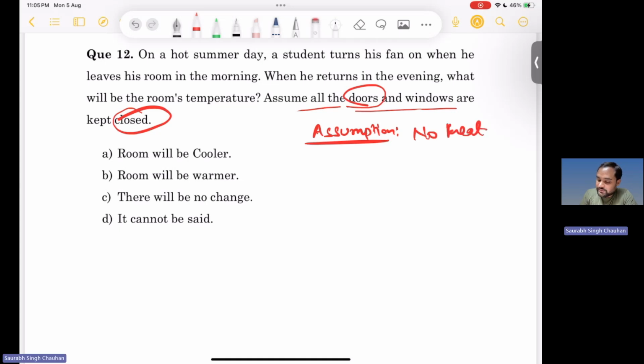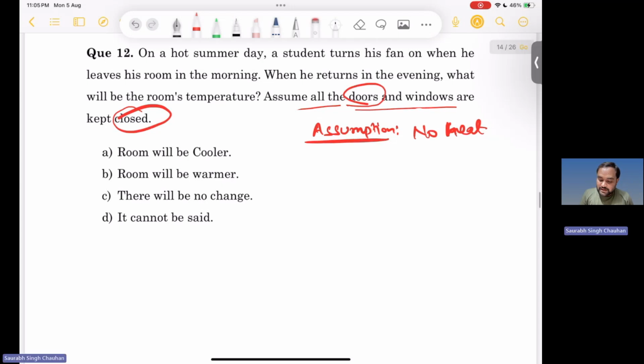All the walls and windows are perfectly insulated. Now this is his room. There is one fan and everything is perfectly insulated. There is no heat transfer because of insulation.